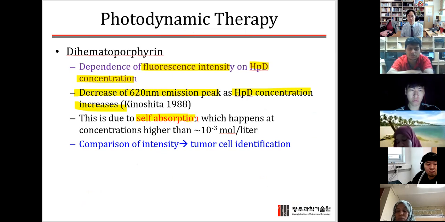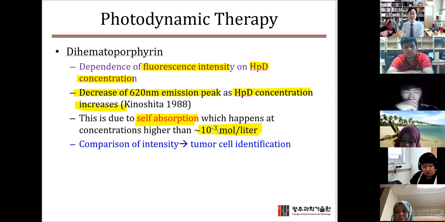But this self-absorption does not happen at all concentrations, only when the photosensitizer concentration is higher than 1 millimole per liter. Once the photosensitizer is higher than 1 millimole per liter, the fluorescence intensity does not increase, even though the photosensitizer concentration is increased.